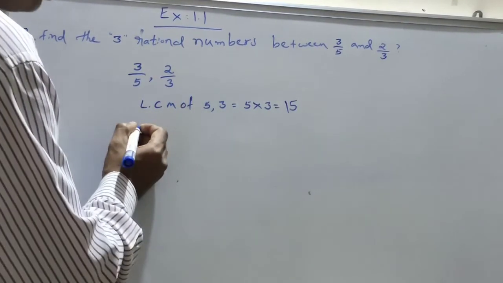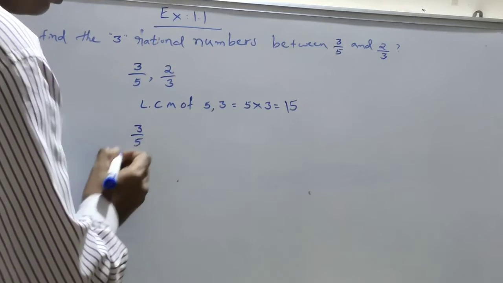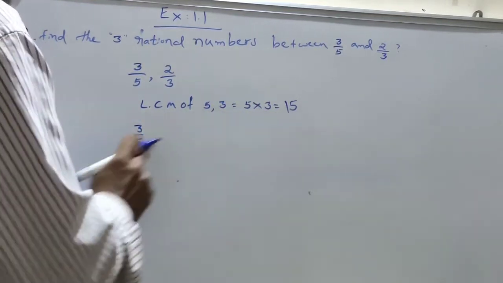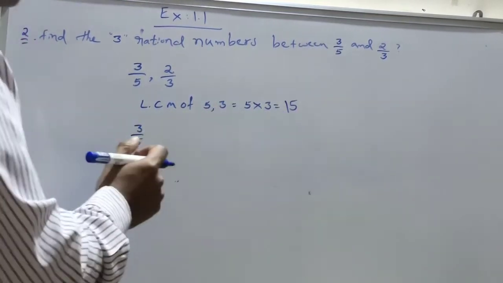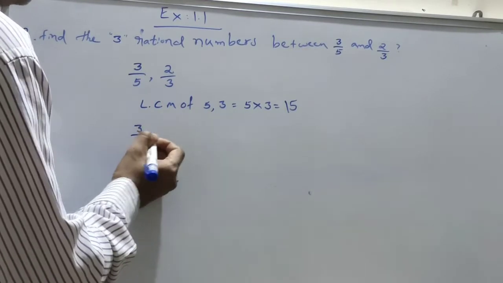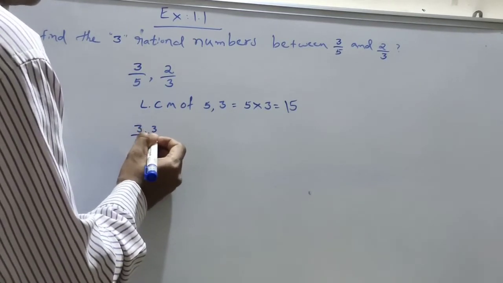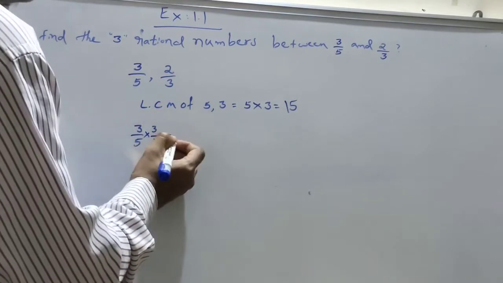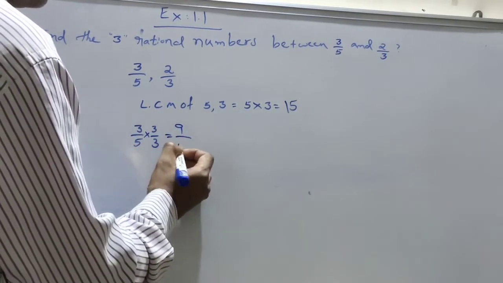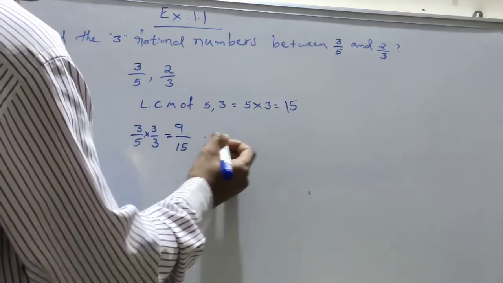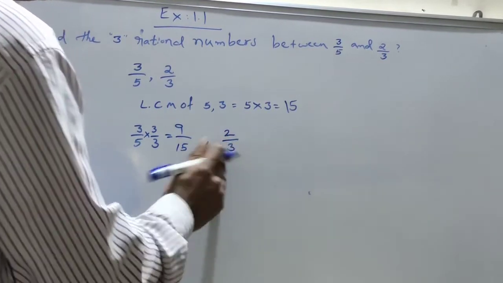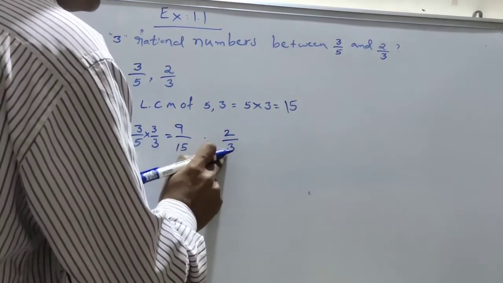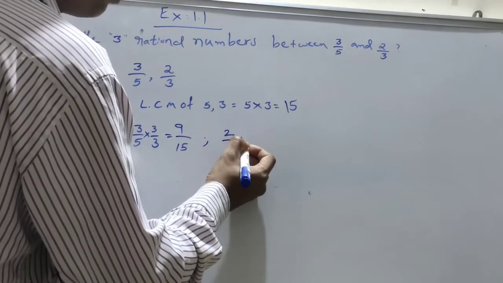Now first write 3 by 5. Make the 5 into 15. To make 5 into 15, we have to multiply numerator and denominator by 3. That is 3 times 3 is 9, 5 times 3 is 15. In a similar way, 2 by 3: make 3 into 15. We need 5 here, because 3 times 5 is 15.